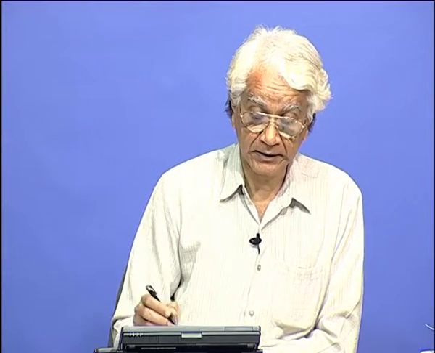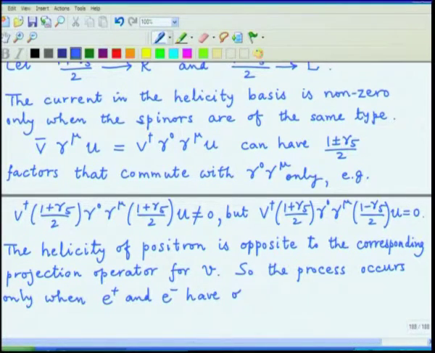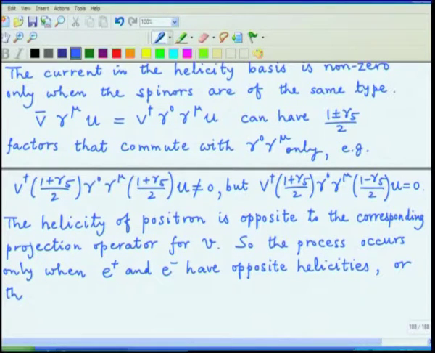So, the whole process occurs only when e plus and e minus have opposite helicities, or in the center of mass frame they are moving in opposite directions.